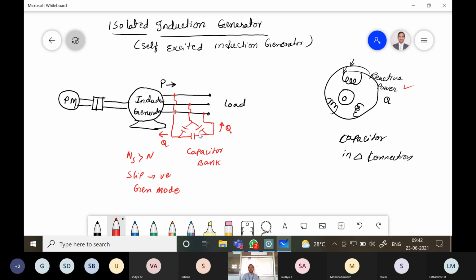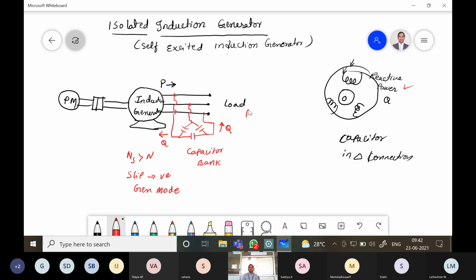The excitation is taken from itself, so it is not connected to an external supply. Okay, so excitation is not coming from any external generator or external three-phase supply.